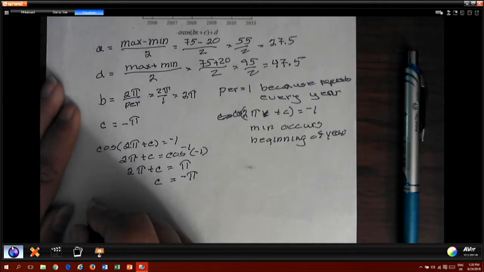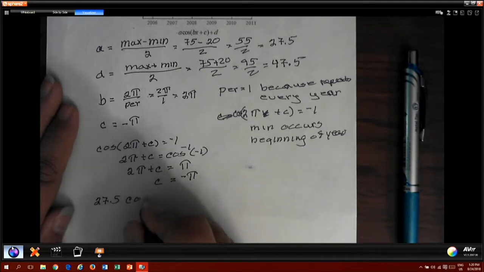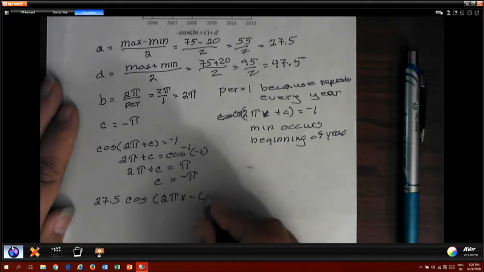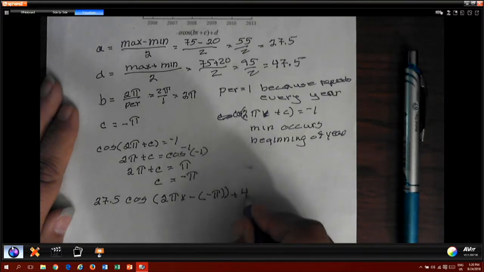So we have 27.5 cosine of 2 pi x minus negative pi plus 47.5.